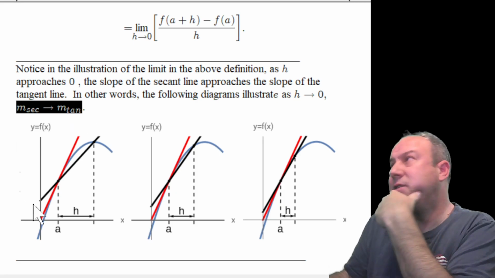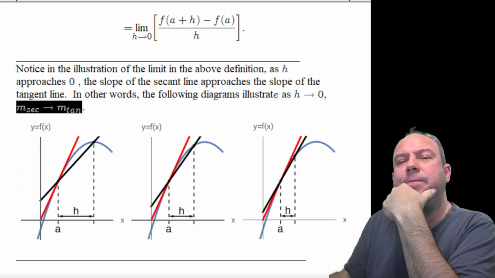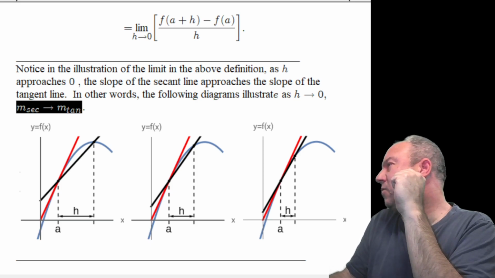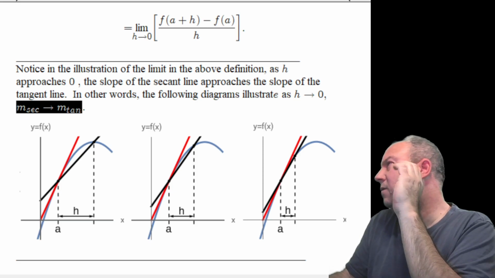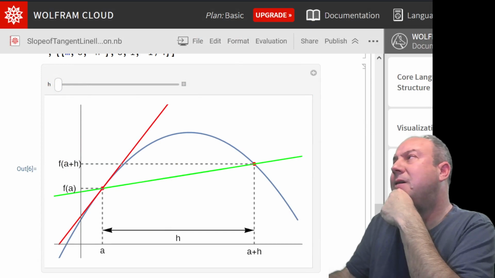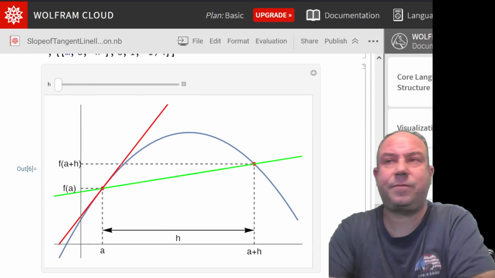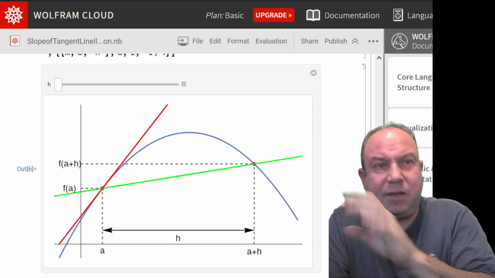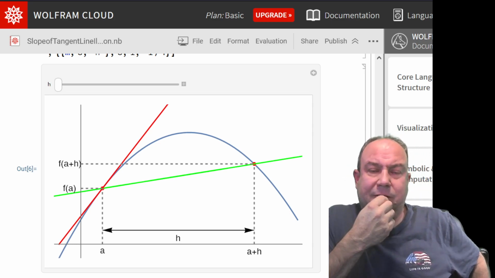Another way I have to illustrate this for you, folks, let me bring this up. This is a demo to illustrate this that's a little bit more dynamic. This is a very similar illustration here. I did add a few more labels in.